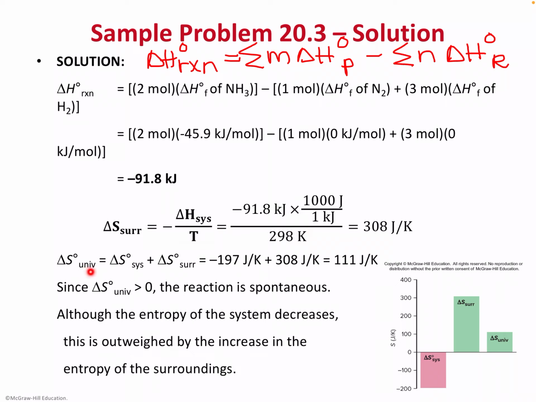See, delta S universe equals the sum of these two, delta S system and the surrounding. System was given to us as negative 197 and the surrounding 308. So delta S universe is 111. Remember we said the entropy of the universe needs to be positive in order for a reaction to be spontaneous. Since it's 111, delta S naught universe greater than 0, the reaction is spontaneous.